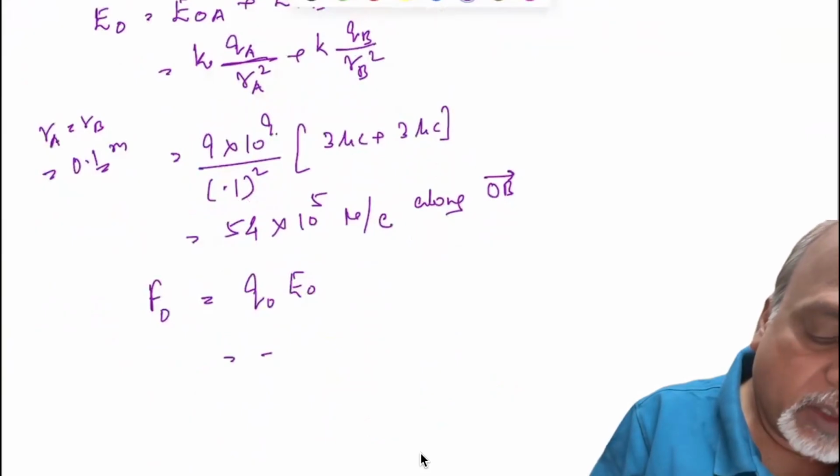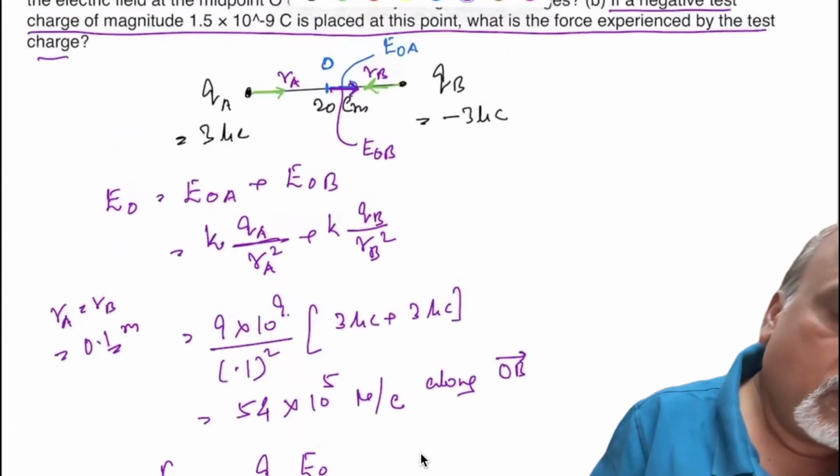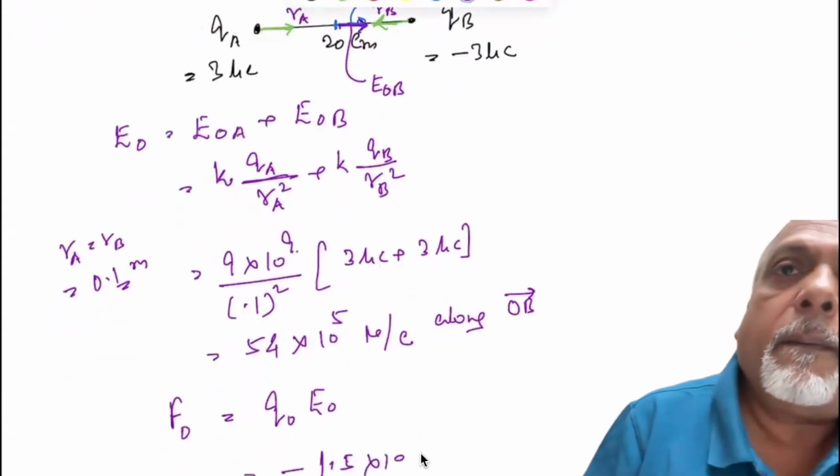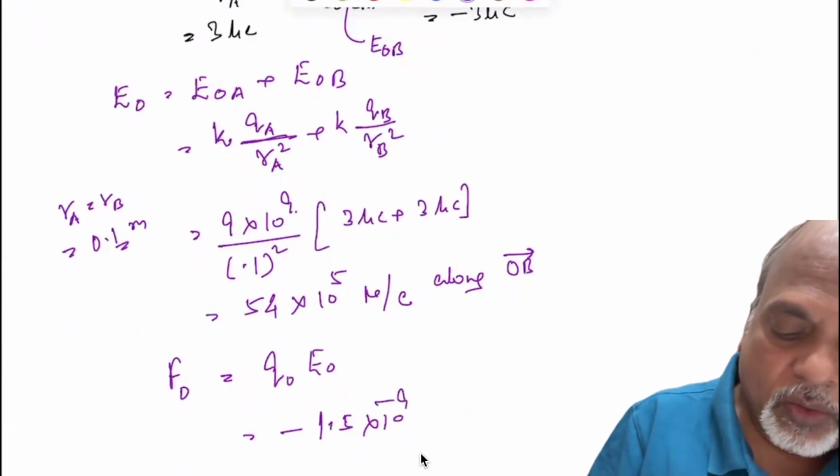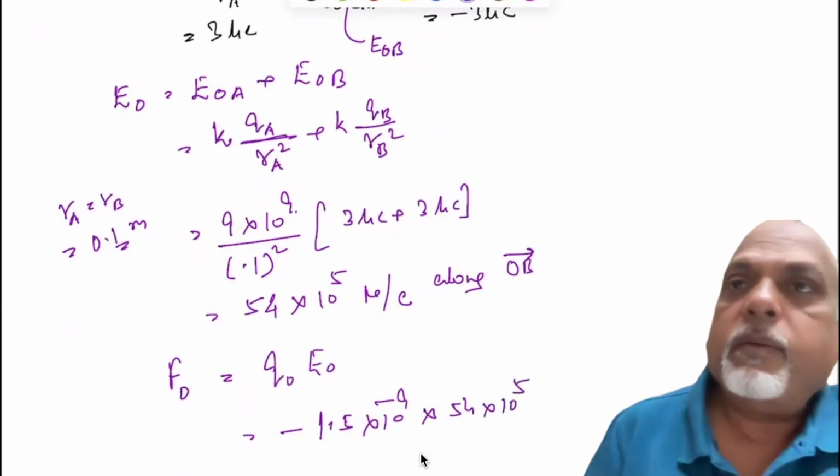So minus 1.5 into 10 raised to minus 9 into 54 into 10 raised to 5.